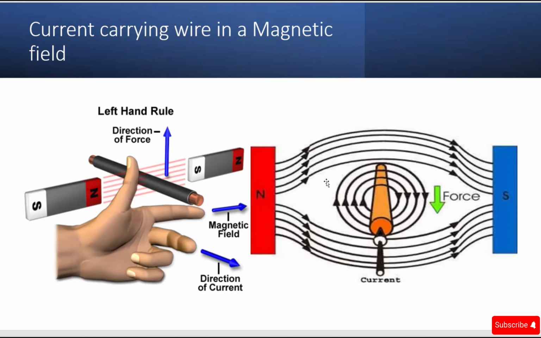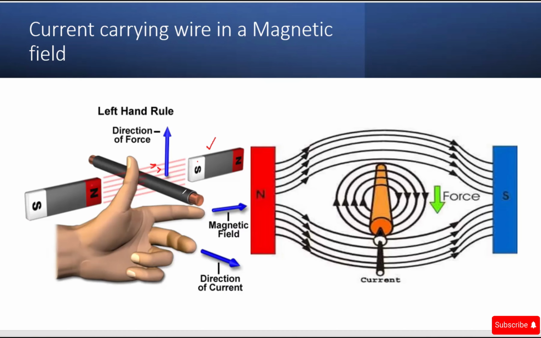Let's try to understand it. From this picture, we have a bar magnet, with a south on one side and a north on the other side, and magnetic field lines will be from north towards south.